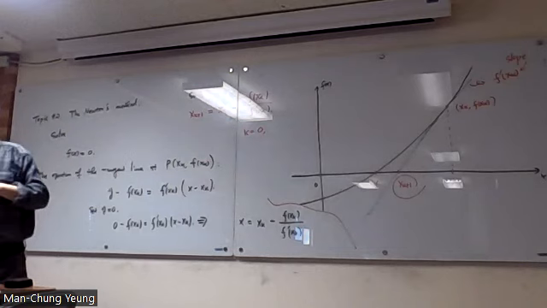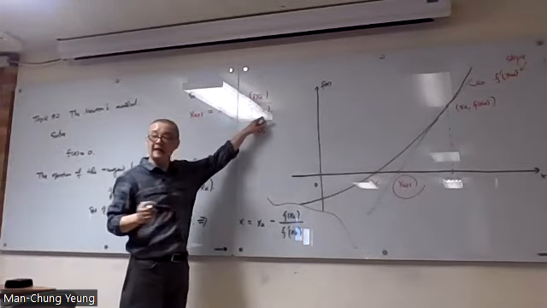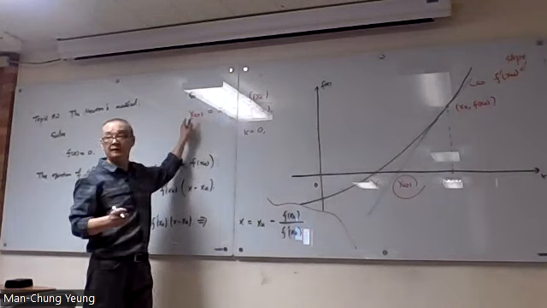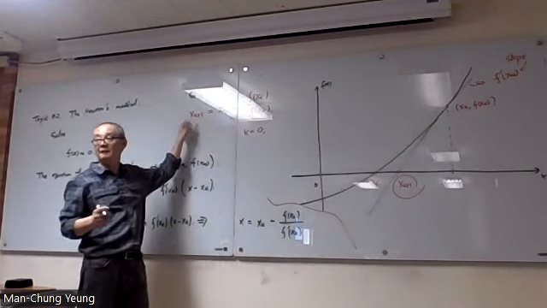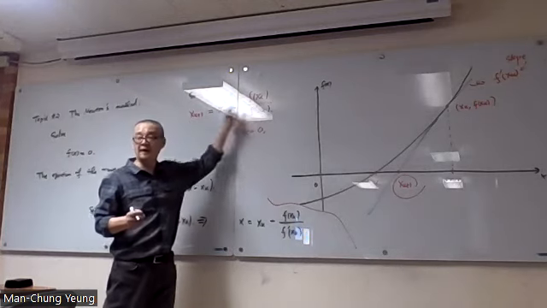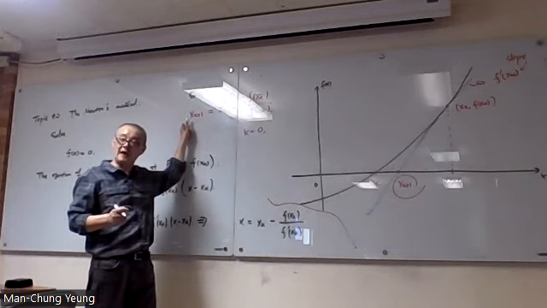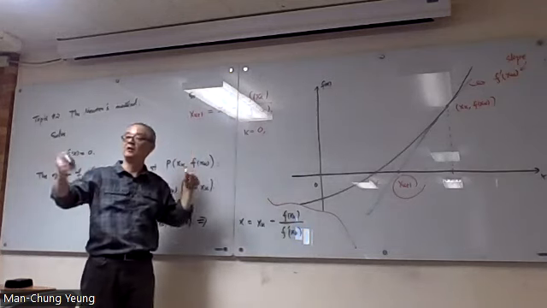Starting with x0, k is 0, we get x1. After we have x1, we plug x1 into the right side, we get x2. After we have x2, we plug x2 into the right side, we get x3, and so on.